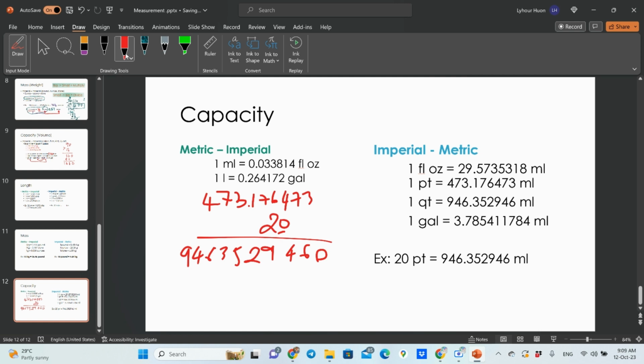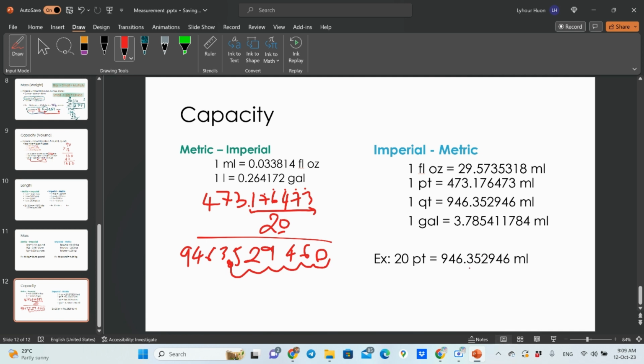Now for the decimal, how many digits after this decimal? One, two, three, four, five, six, right? So one, two, three, four, five, six here.